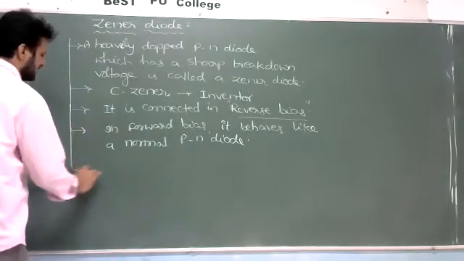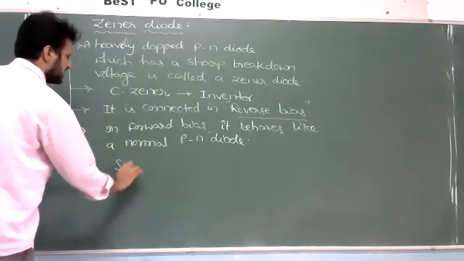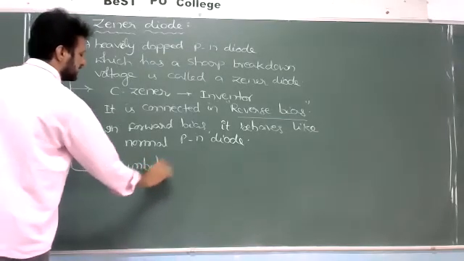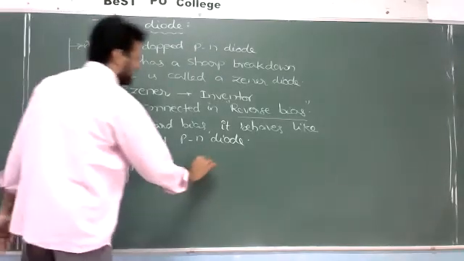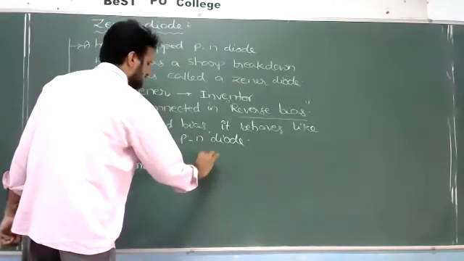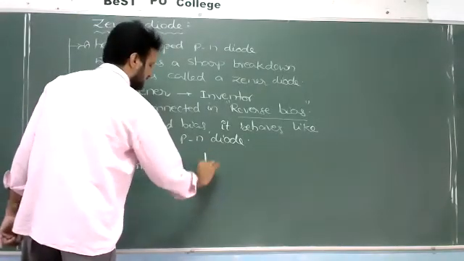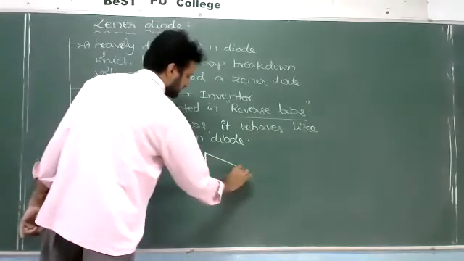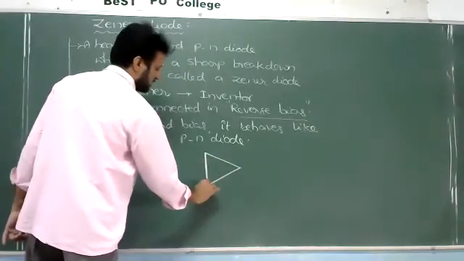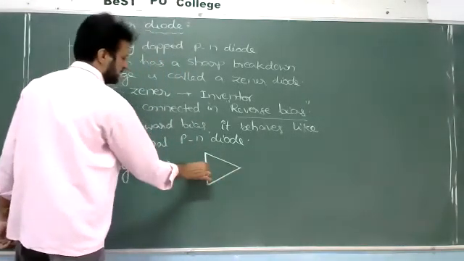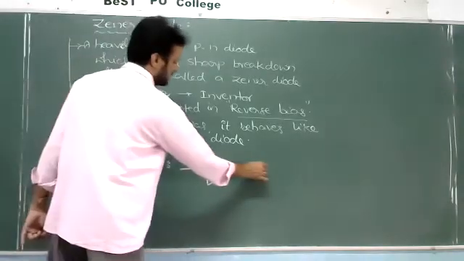And we can write the symbol. What is the symbol of the Zener diode? I'll first give the normal diode symbol, and later the Zener diode symbol. It is the symbol of the normal PN junction diode.